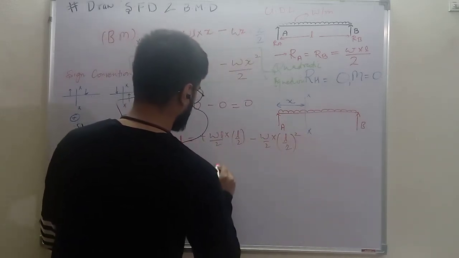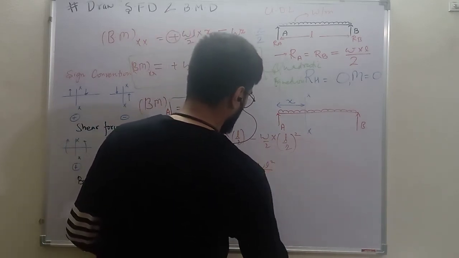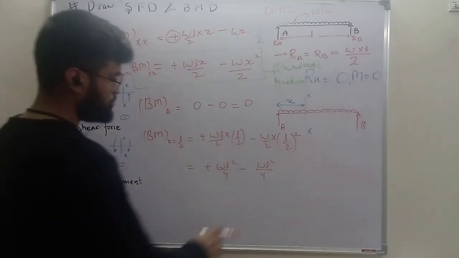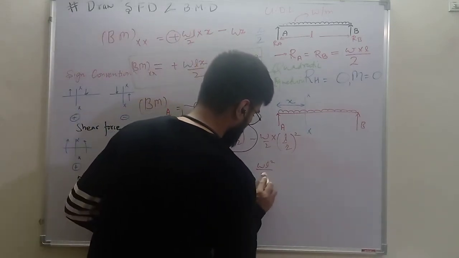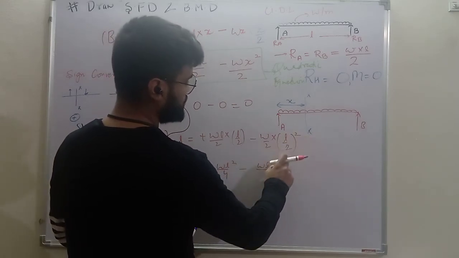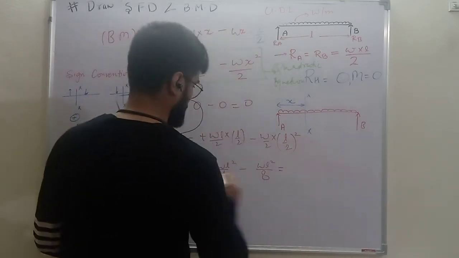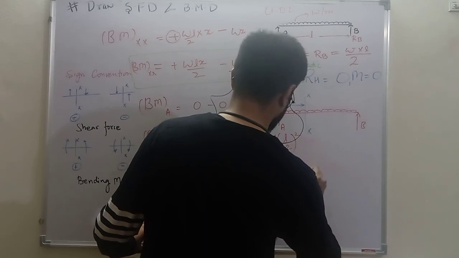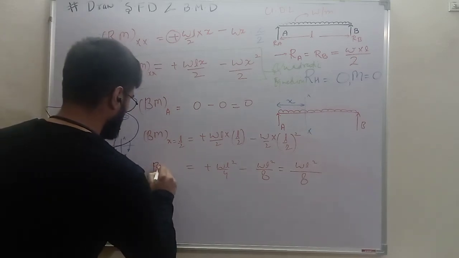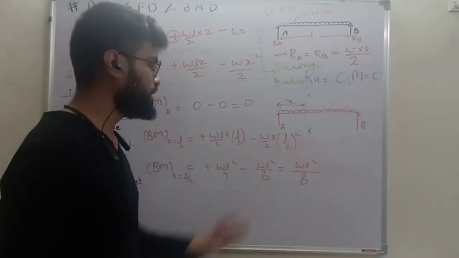Solving this, it will be WL square by 4 minus WL square by 8, which is WL square by 8. So the bending moment at x is equal to L by 2 is WL square by 8.